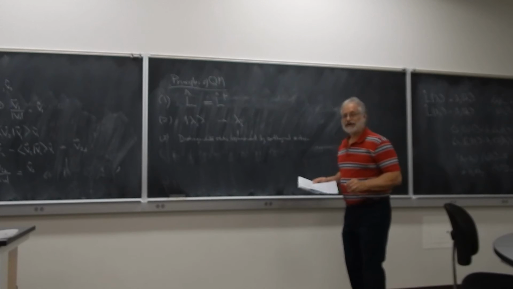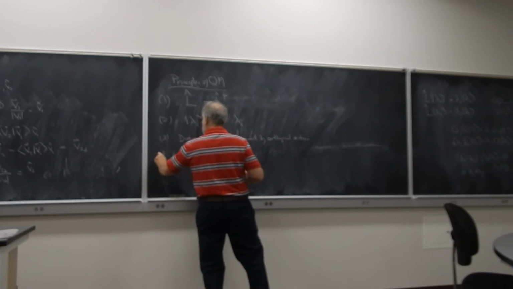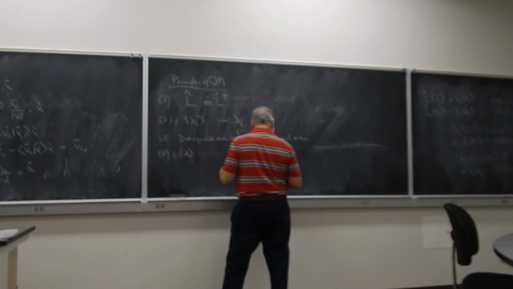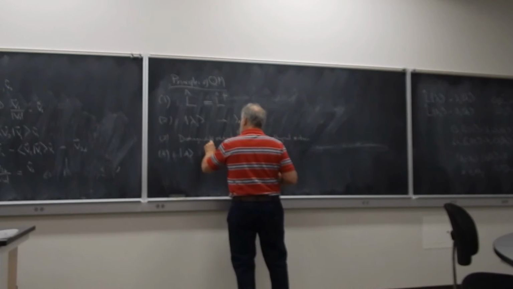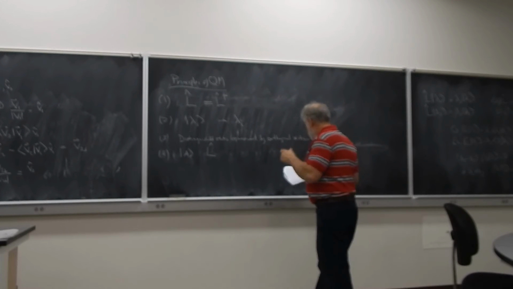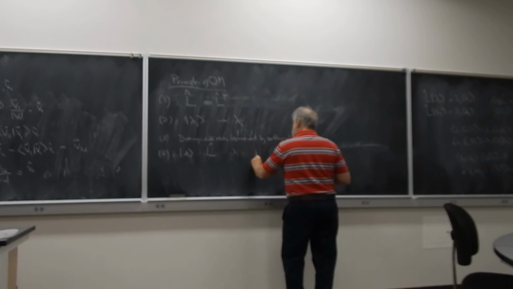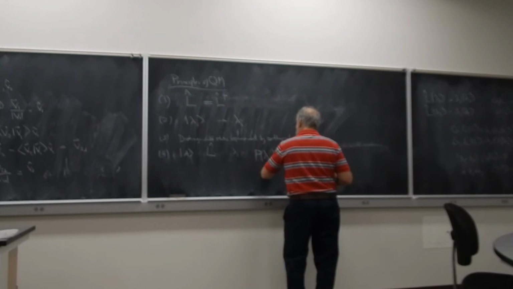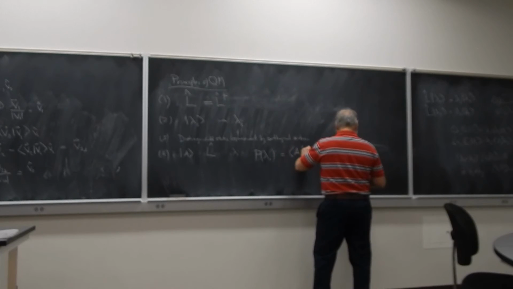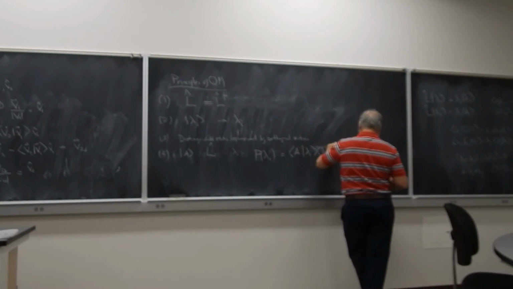So the eigenvectors have to be orthogonal. Principle 4, if A is a state vector of the system and we measure using the operator L, the probability of observing eigenvalue lambda sub i would be equal to the magnitude squared of the inner product of A with lambda sub i.